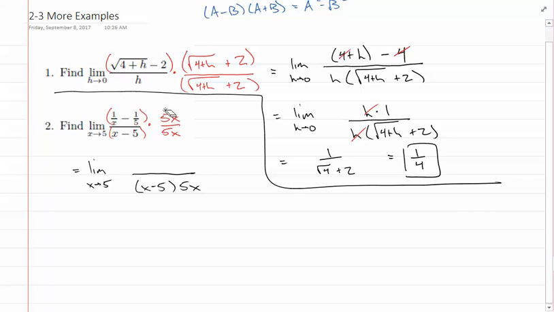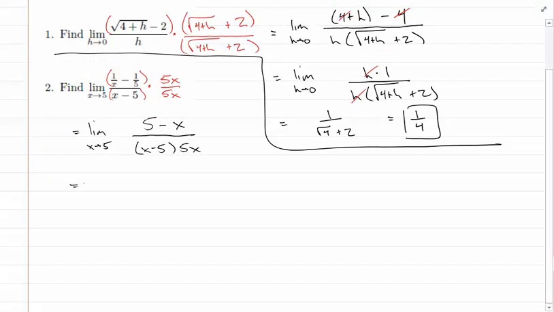Okay. On the top, I'm going to distribute the 5x to both of these terms here. 5x times 1 over x, that's 5. 5x times 1/5, that'd be x. So notice, right, I got 5 minus x and x minus 5. Those are almost the same. And in fact, if I factor a minus sign out of the top, all of a sudden now you do have the exact same factor on top and bottom.